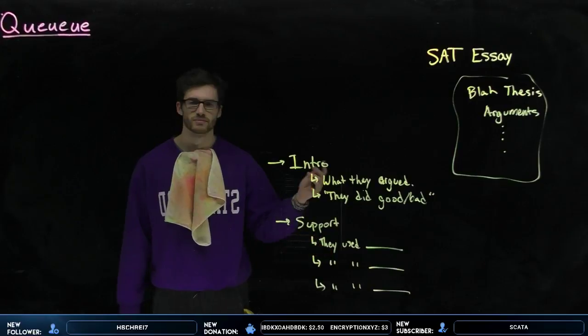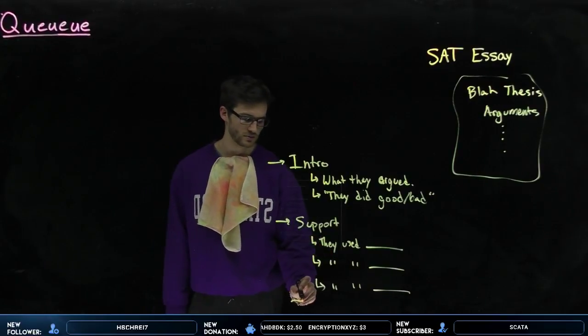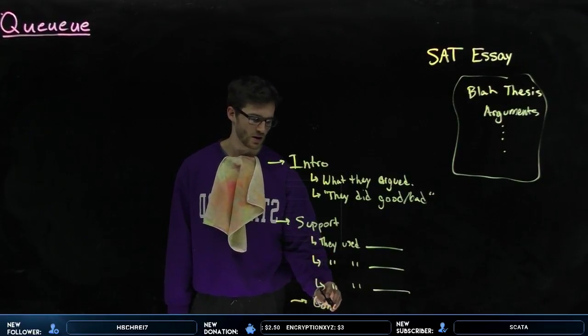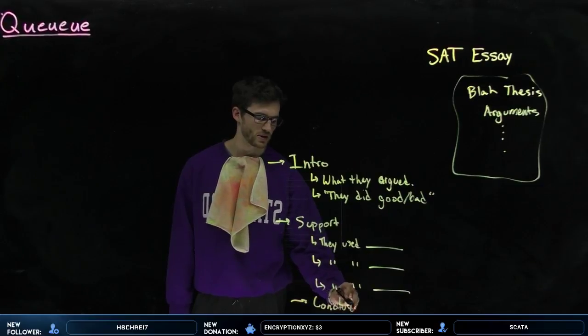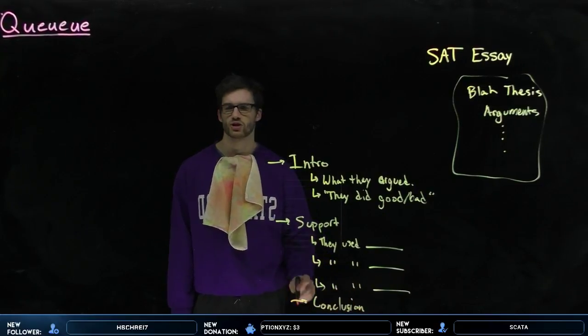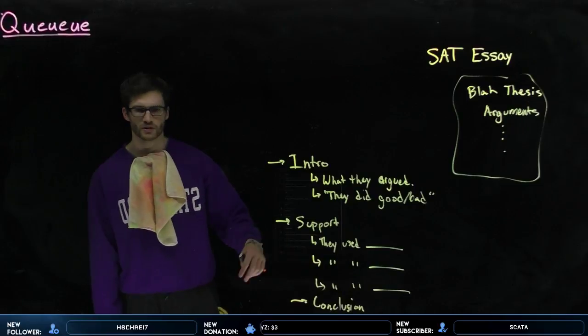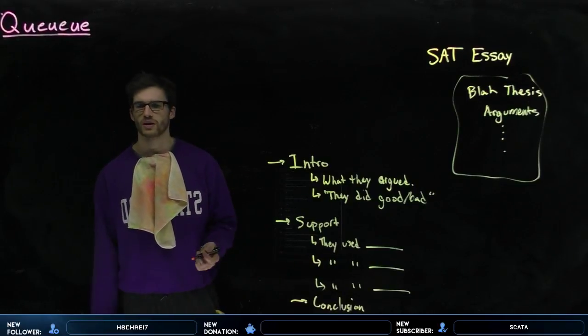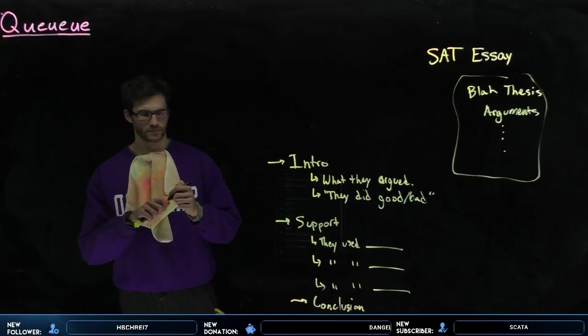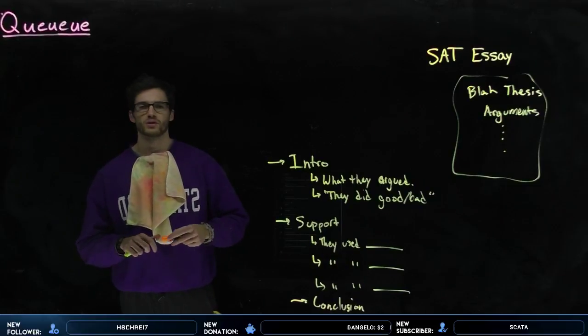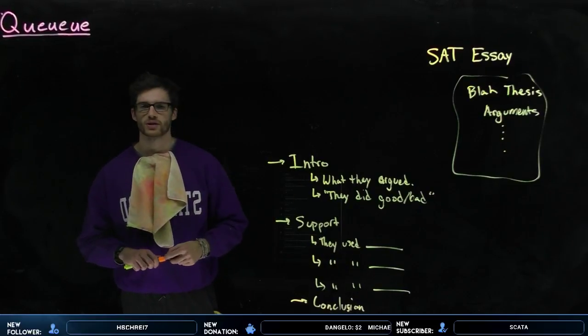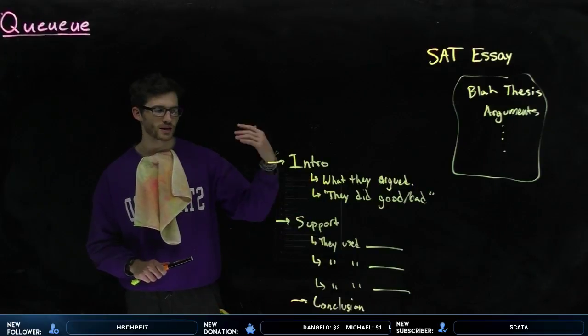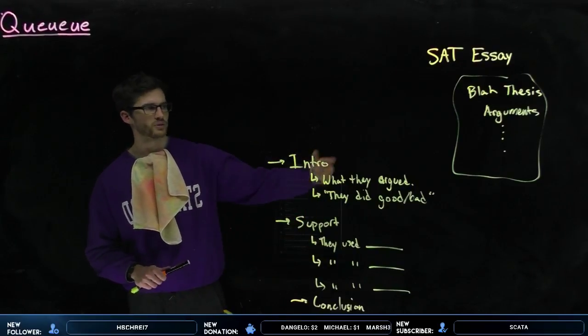Aim for 3. And then conclude. The conclusion doesn't need to be anything special. Honestly, it shouldn't be. Don't worry about it. I'm not even going to fill it in. It's just whatever you want it to be. I would recommend you just restate the intro, essentially, using these things, the author of the whatever used the thing.